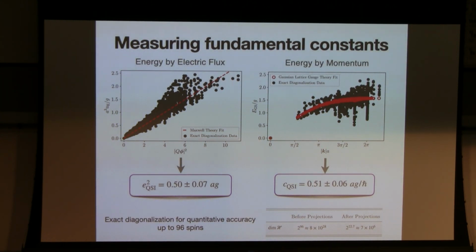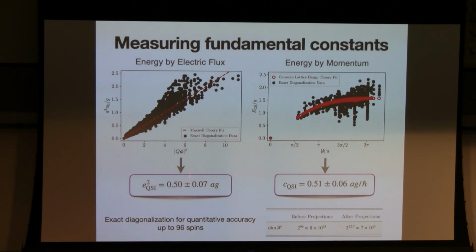So this is basically saying that I can get the E squared by looking at the dispersion of the energy in some large set of exact diagonalization numerics, there's 96 spins in these ED, as a function of, with appropriate geometric factors, the flux boundary conditions. That's what these plots are. And they look like they spread quite a bit. It's actually a little misleading. There's way more black dots in the center there. You just can't see them.